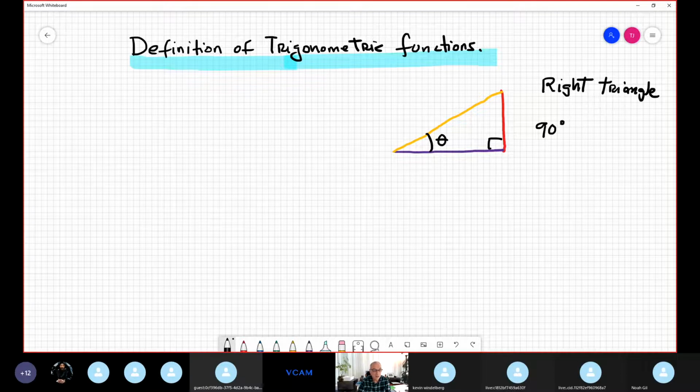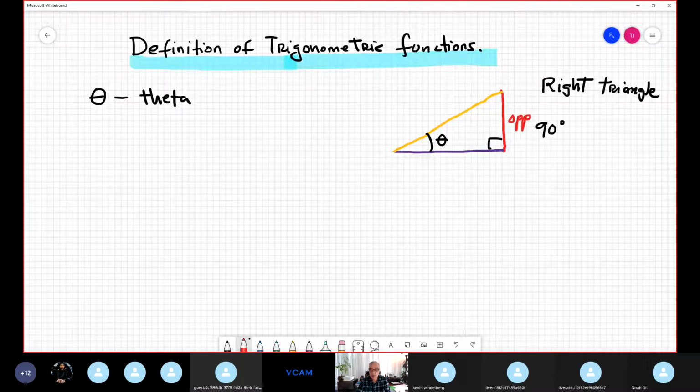Remember the Greek letter that we use frequently, theta. So I call, for example, this side, which is totally in front of theta, the opposite side. The abbreviation is OPP.